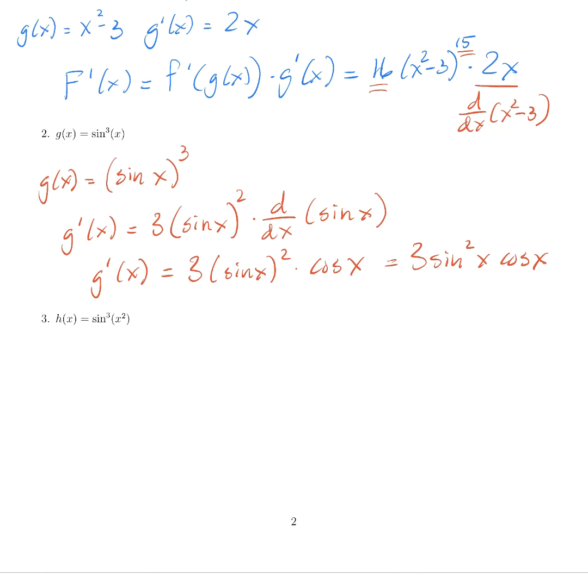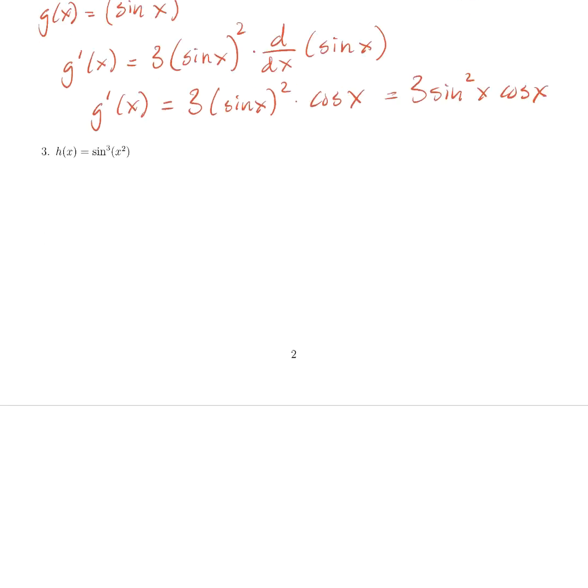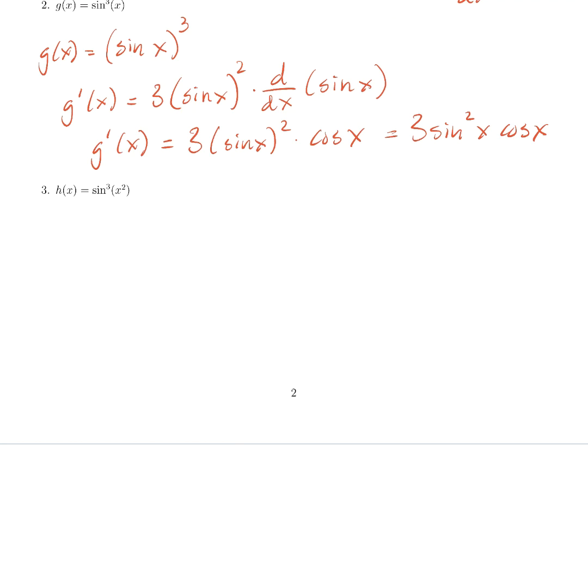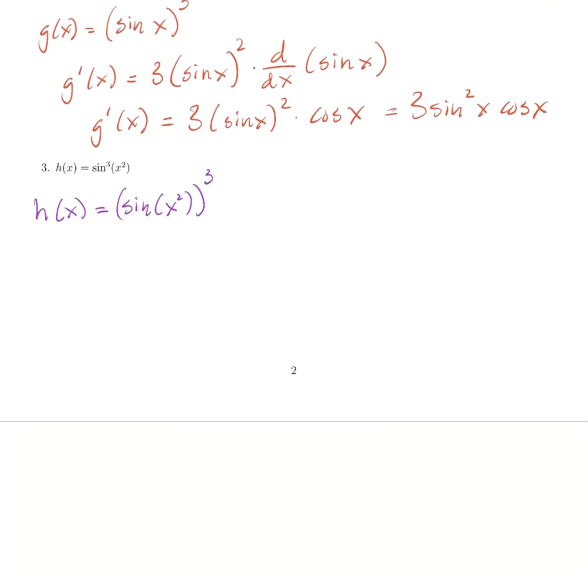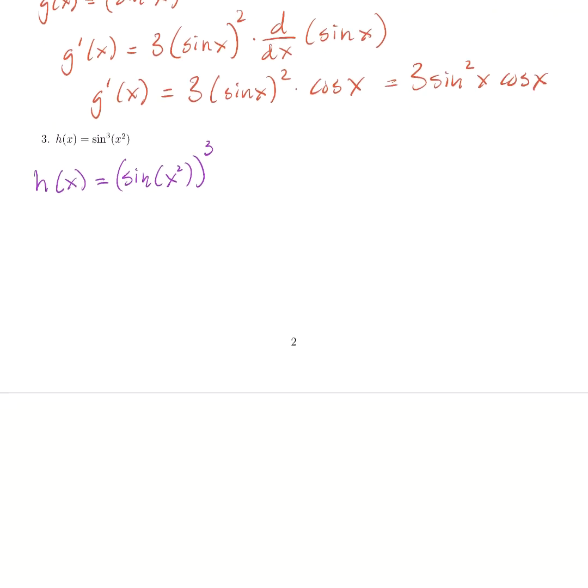Okay, slightly different game here for h of x. I'm going to rewrite h again before I try to apply the chain rule. So h is (sine of x squared) cubed, technically another name for this function. Here we go.